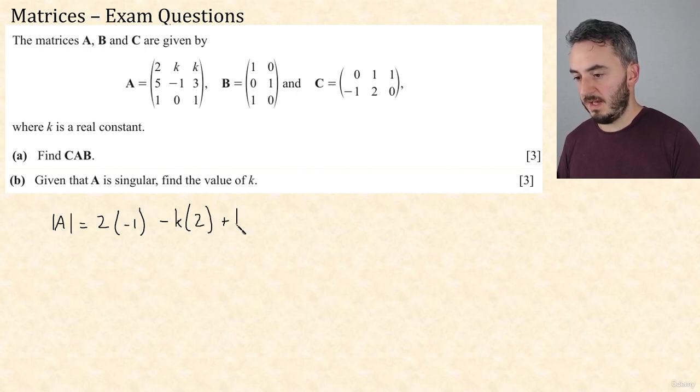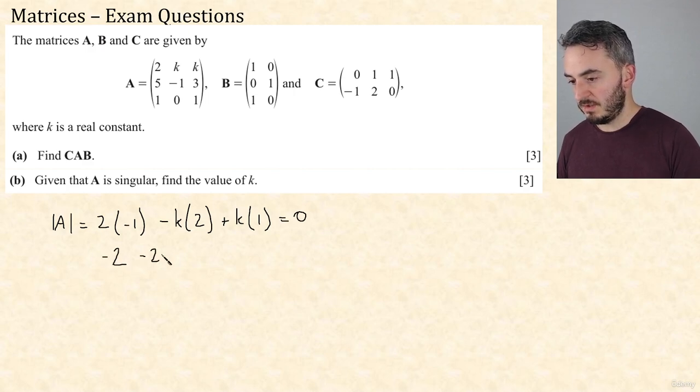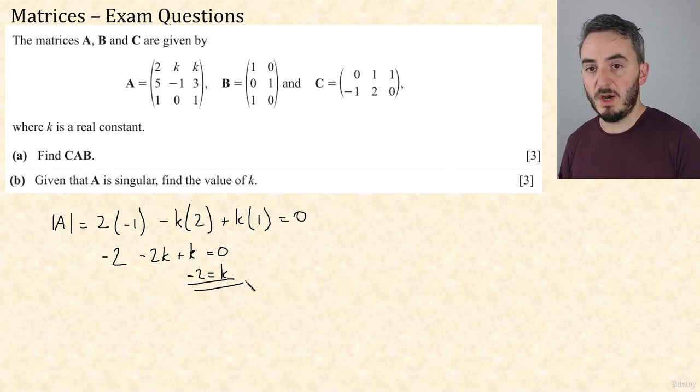And then it's plus k times the determinant of this submatrix, which is 0 minus minus 1, so plus 1. And all of that needs to equal 0. Multiplying this out, I get minus 2 minus 2k plus k equals 0. That's minus k. Get it over onto this side, and we have k is minus 2. So there's our answer to part B.